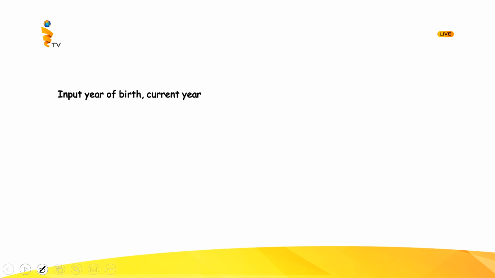Now, suppose you are going to calculate a person's age. How will we do that? Think, what are the inputs? We have to input the year of birth, and the computer doesn't know the current year, so we have to give the current year to the computer. Then we have to tell the computer the way we calculate someone's age.